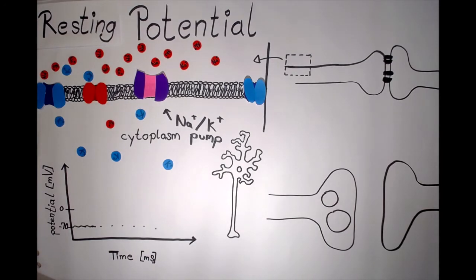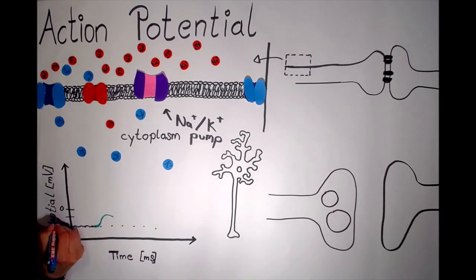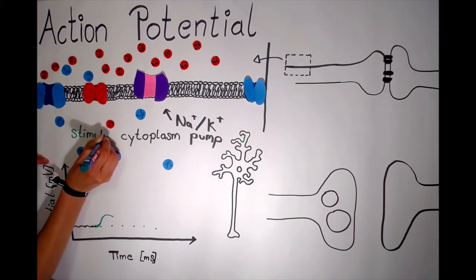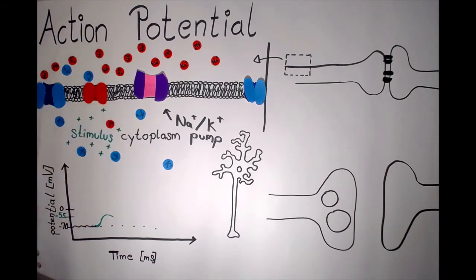Now to signal transmission. An action potential occurs if an electrical stimulus depolarizes the membrane, meaning it makes the membrane potential less negative, so that the potential is higher than or around negative 50 or negative 55 millivolts.